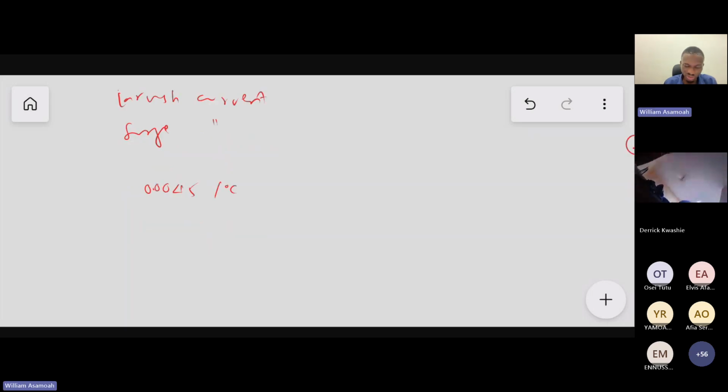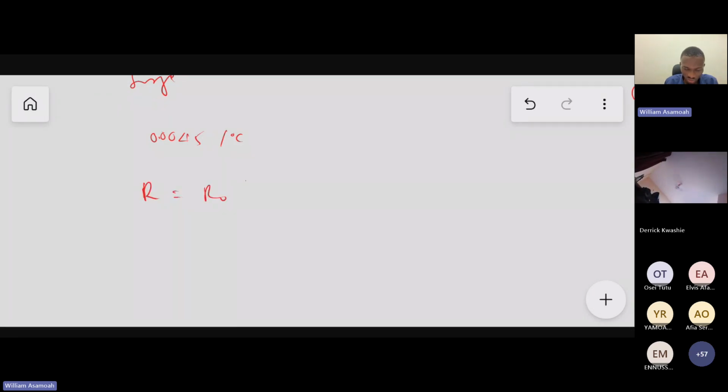So to explain it, we will just use the equation R is equal to R0 times (1 plus alpha (T minus T0)). Now, when you observe, you can say that higher resistances would lead to low current.